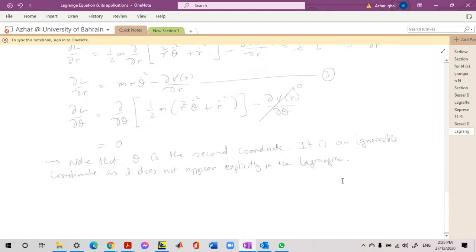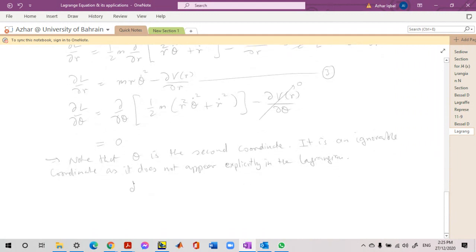Now we consider the Lagrange equation again. The Lagrange equation says d over dt of partial L over partial qk dot minus partial L over partial qk is equal to 0.